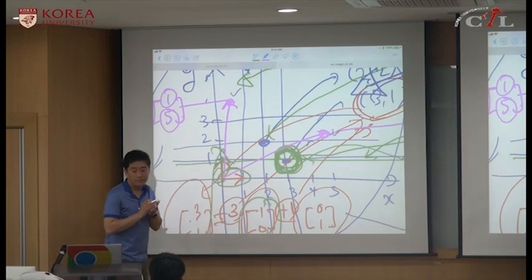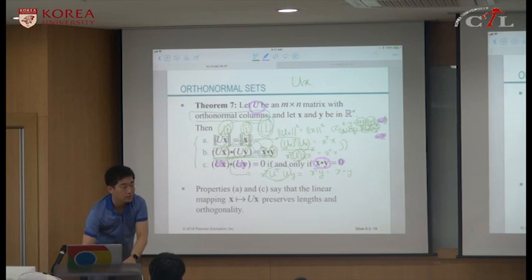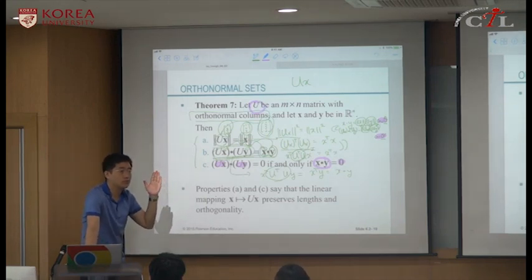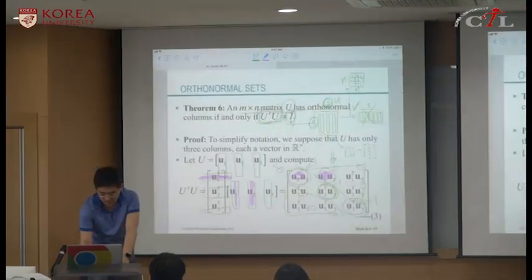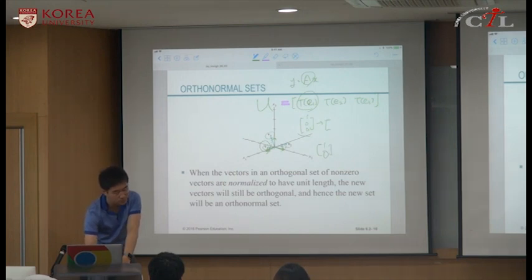Let's think of the matrix transformation defined by our U. And U is composed of orthonormal columns, right? And that means, as we saw in this case, if we view this matrix U having orthonormal columns, and consider this orthonormal matrix as 3 by 2.